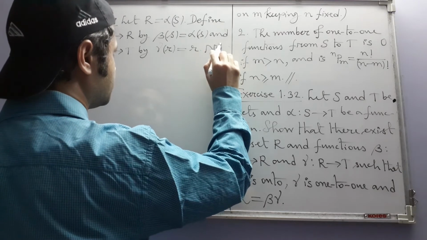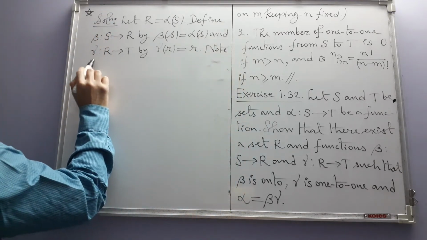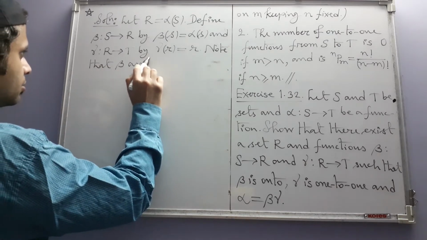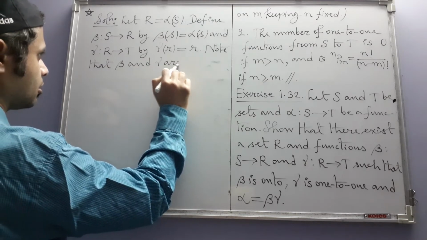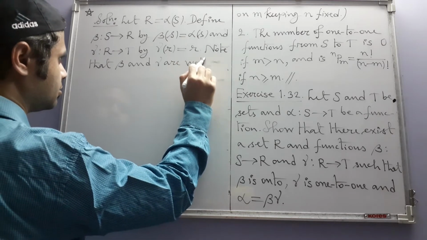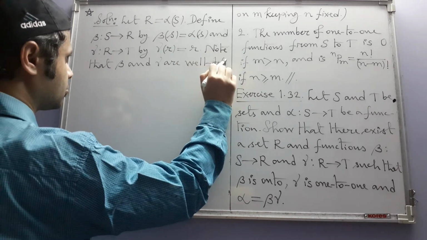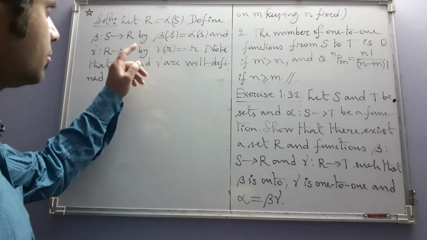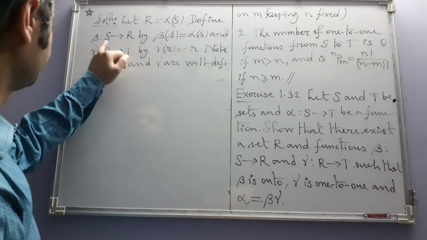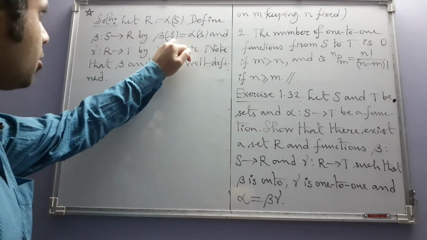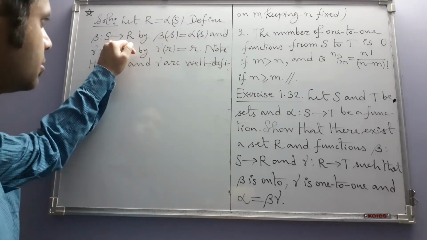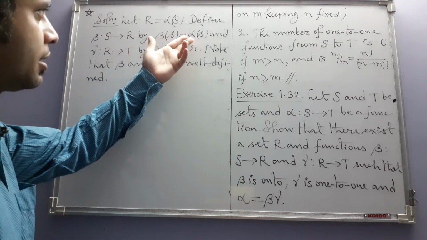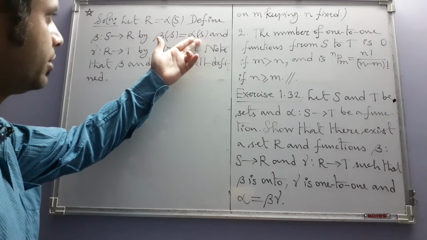Note that beta and gamma are well defined. Let us see one by one. You take any small s from capital S. You calculate the beta image of that. By definition, that is nothing but the alpha image of s.